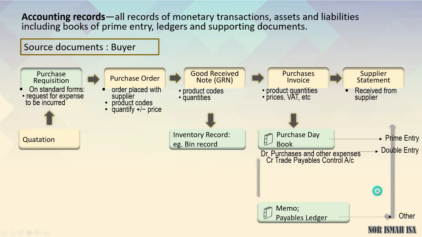If not, the buyer needs to do a reconciliation. Also, the trade payable control account in the nominal ledger should be checked with the total list of the payable ledger. And if the amount does not agree, again the buyer needs to do a reconciliation.